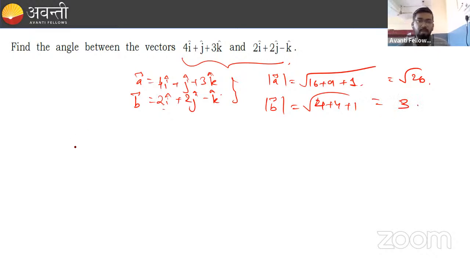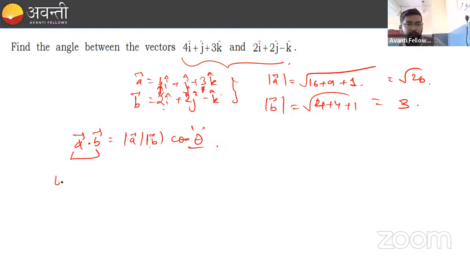Now, what is A bar dot B bar? A bar dot B bar is equal to mod of A bar into mod of B bar into cos theta. Theta is the angle that we are supposed to find. A bar dot B bar we can find by multiplying the components and adding them.